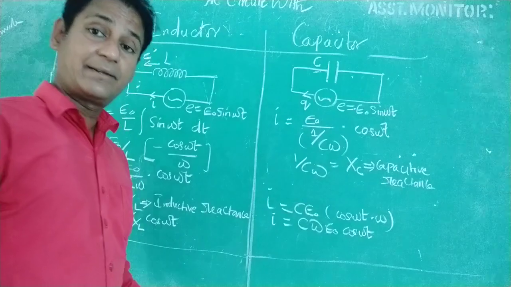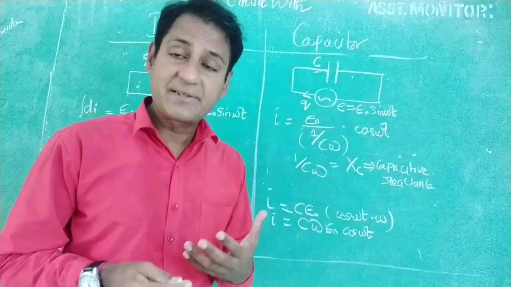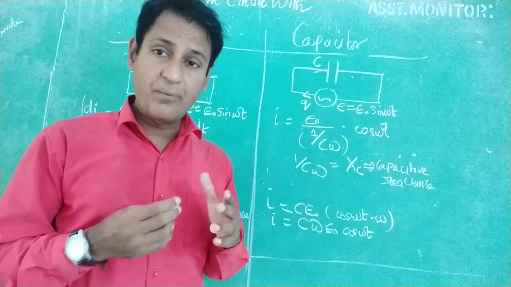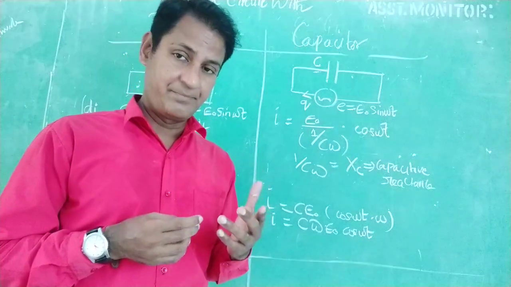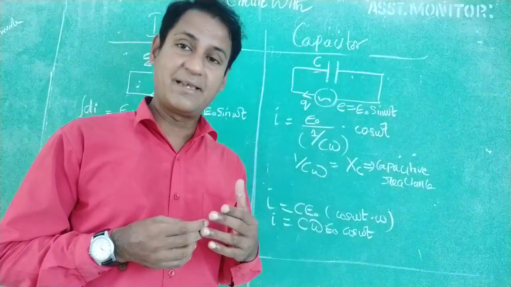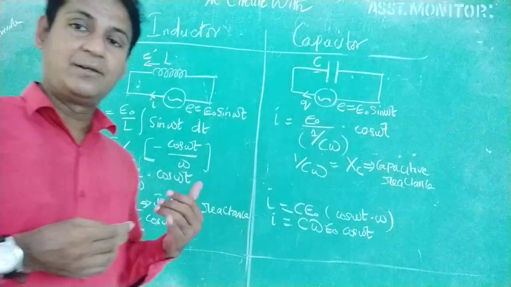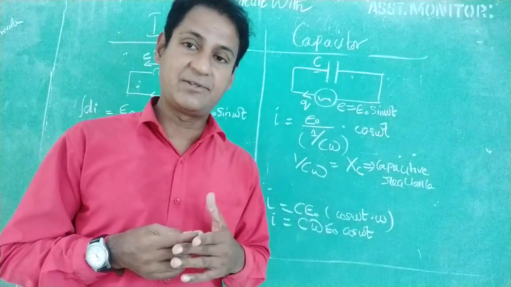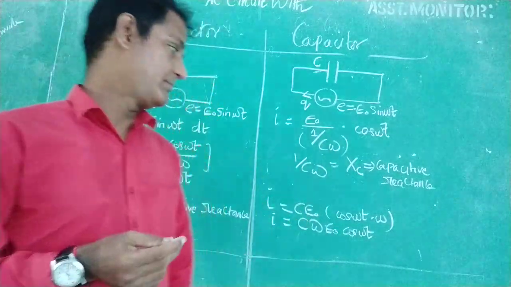So capacitive reactance is nothing but the resistance offered by a capacitor, which has the same unit as the inductive reactance had. So the unit of capacitive reactance is also ohm.